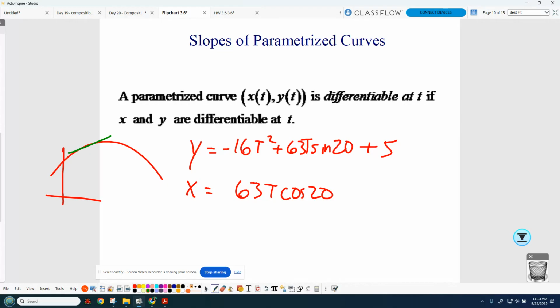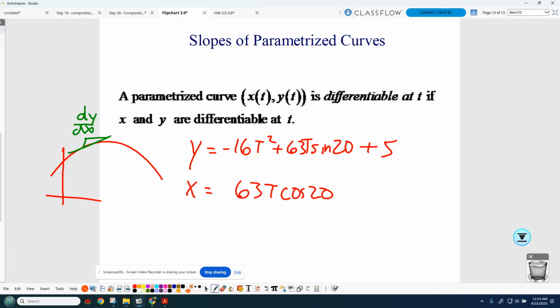I still want the slope. What letters do we use for the slope in our regular Cartesian plane? X and Y. So I still want dy dx. And it's a problem because my functions are now in terms of time.